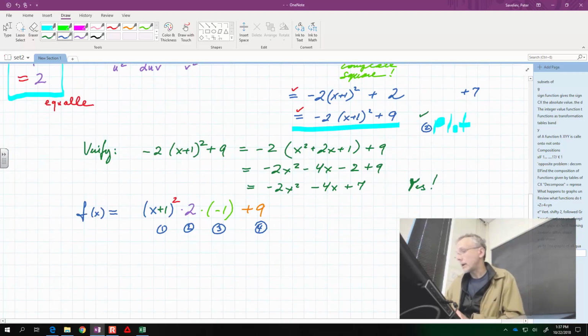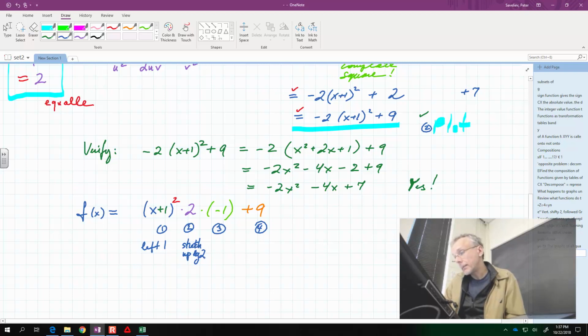So what are they? Number 1, what happens to the geometry, or what happens to the original parabola? Yes, left 1 unit, right. Then number 2, stretch up, vertically, by a factor of 2.